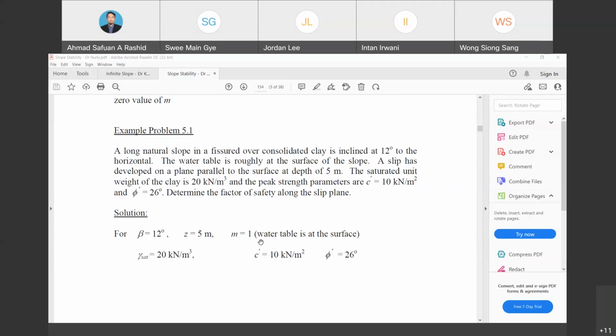For this case, the height of the slope is 5 meters, and the height of the water is at the surface of the slope, so ZW is also equal to 5. So M is equal to ZW over Z, 5 over 5, equal to 1. Then definitely we use the saturated unit weight. And c is equal to 10 and phi is equal to 26.